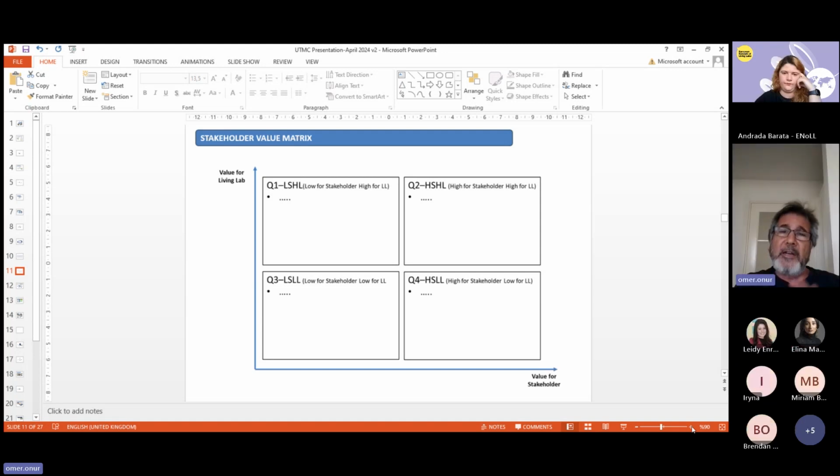So there are 4 quadrants here. In each quadrant, we list which ones are low value for the stakeholder but high value for the living lab, or high value for both the stakeholder and the living lab. So this matrix defines our priorities when we are doing our activities or when we are deciding on our strategies.